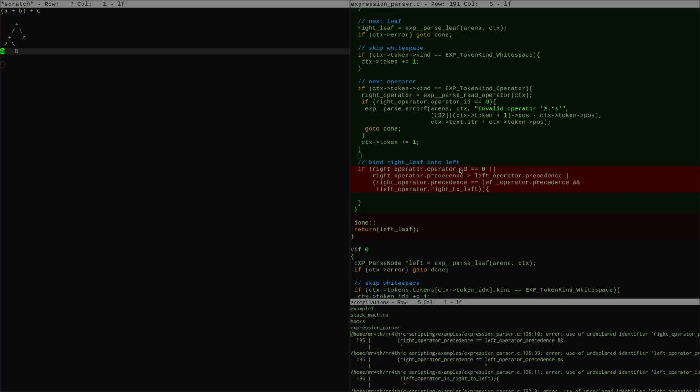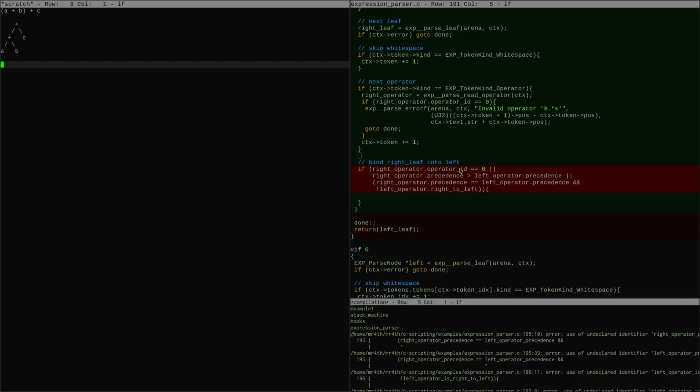The way you do it is you're holding this operator, you see this operator, you check this, you fuse these together, and then you've got a new left side value and operator together, and you can keep going.